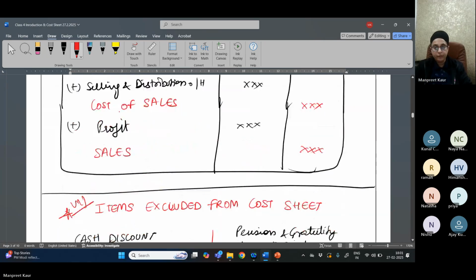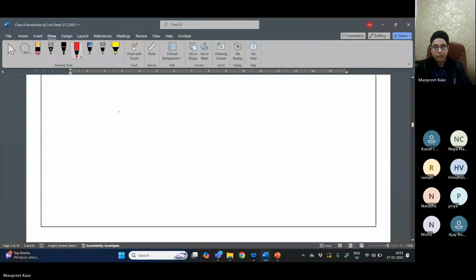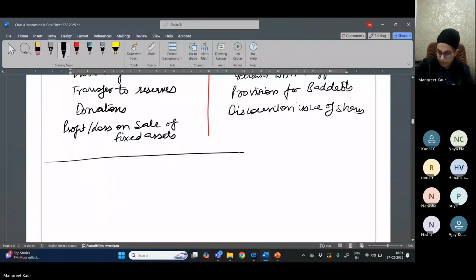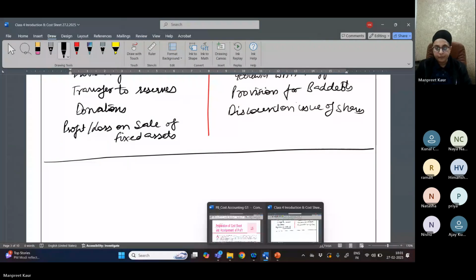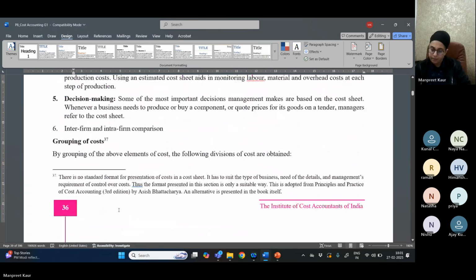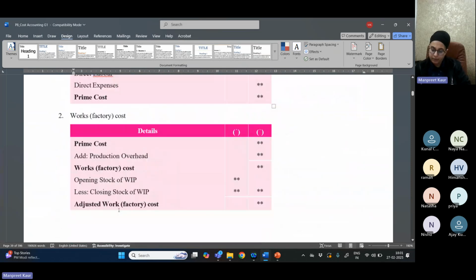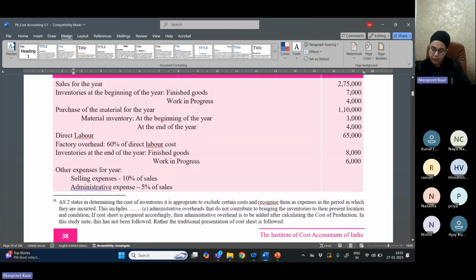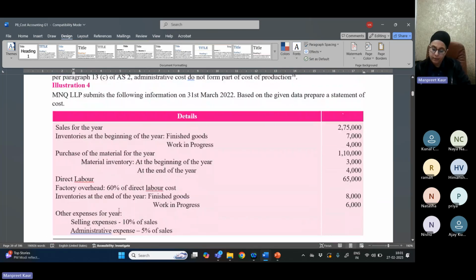Now, from the module, page number 38, question number 4.